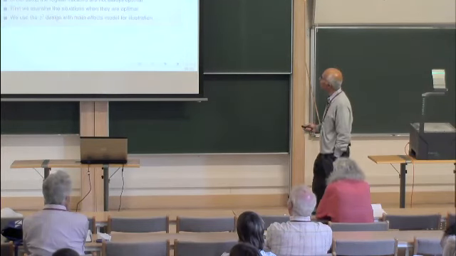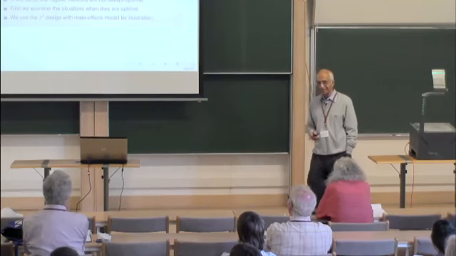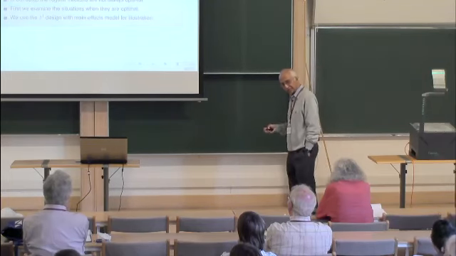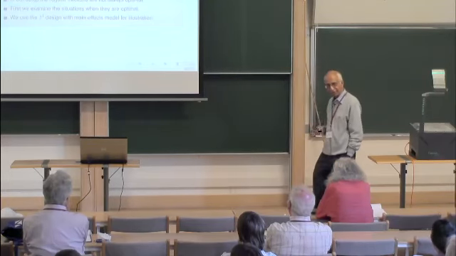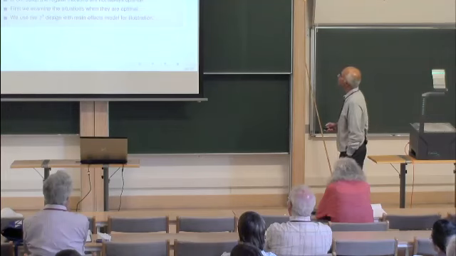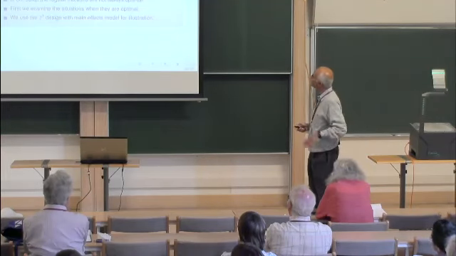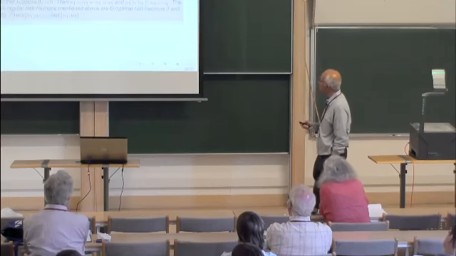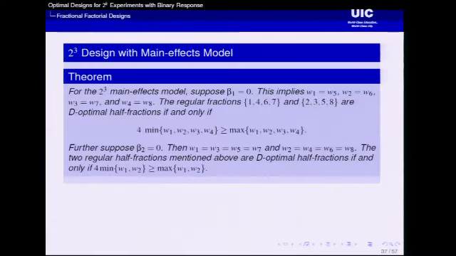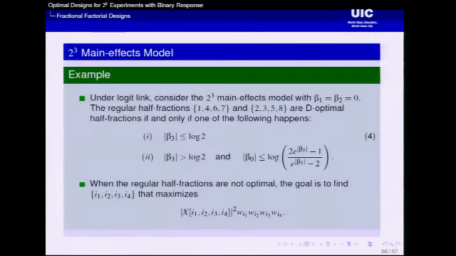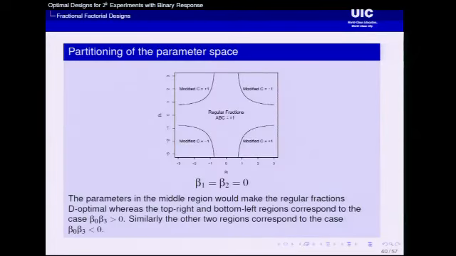We have studied fractional factorial designs. Now this is an express train that's running. I mean, no more stops. So for the fractional factorial designs, we have some interesting conclusions. Let me just show you one picture. This is a 2-cubed design.